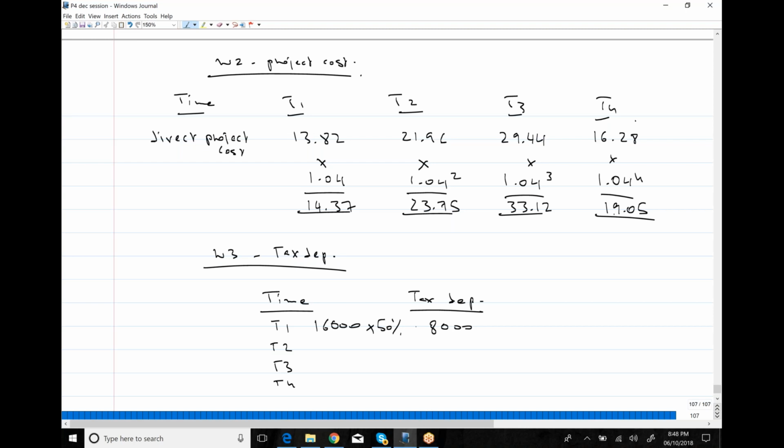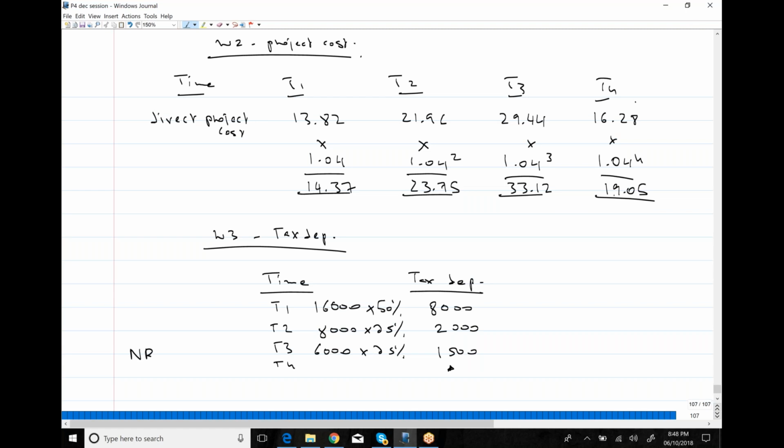So net book value will be cost minus depreciation. That will be 8,000 into 25%, which will be 2,000. Okay. Then again you will apply 25%, but on the net book value. So now the net book value will be 6,000, right? So 6,000 into 25%, that is 1,500. And in the end, you have to do a working.